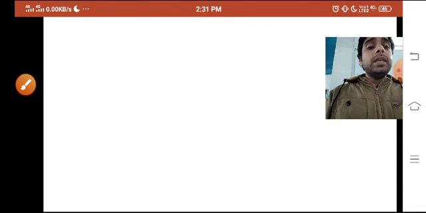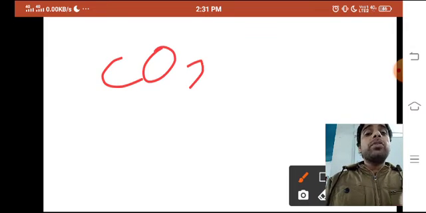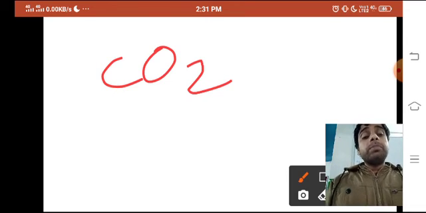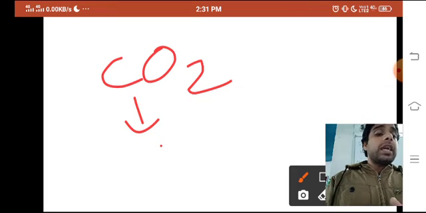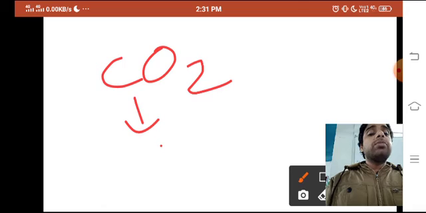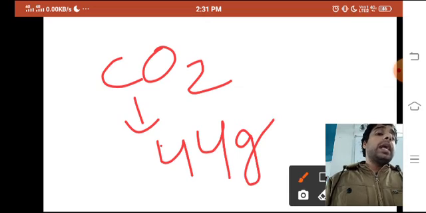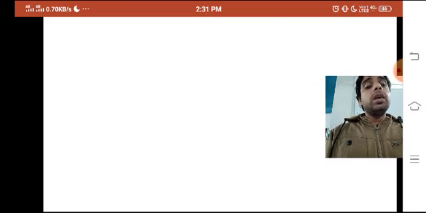And if I am talking about molecules, suppose carbon dioxide is a molecule of a compound, then I have to calculate the molecular mass. After calculating, we will find that 44 gram would be the molecular mass of the compound.